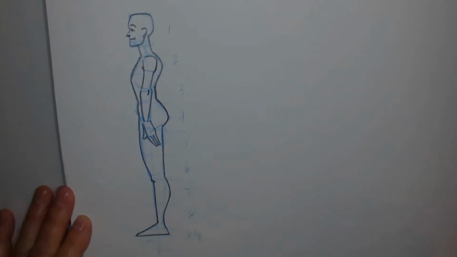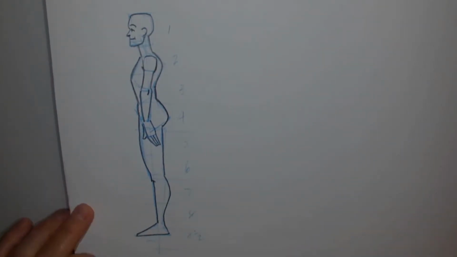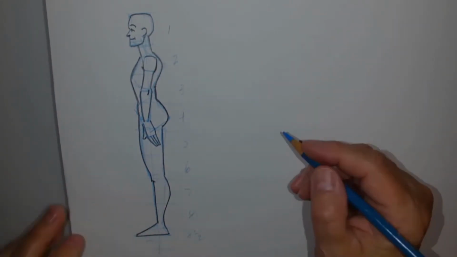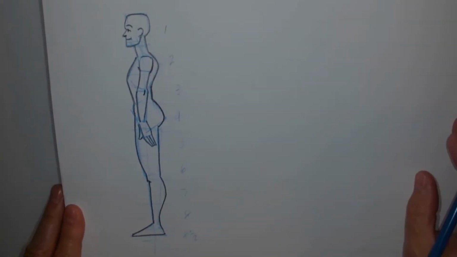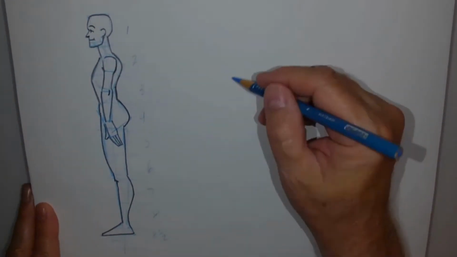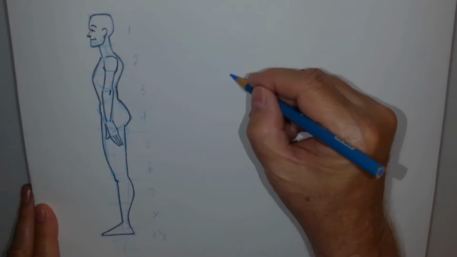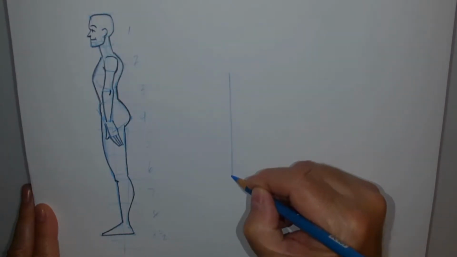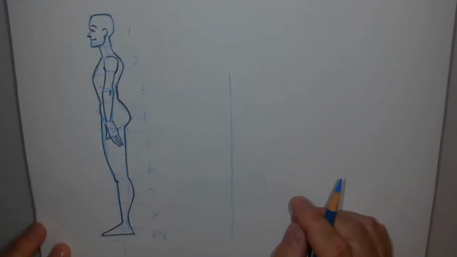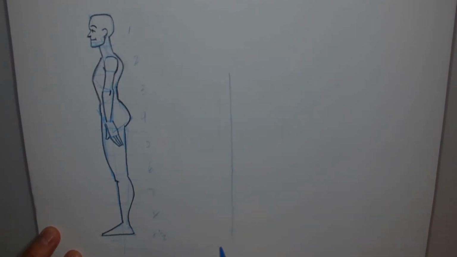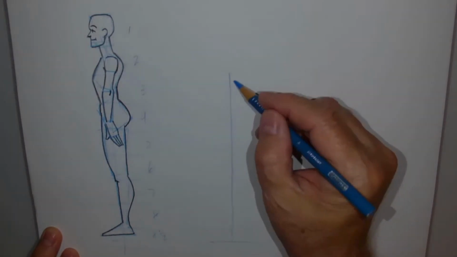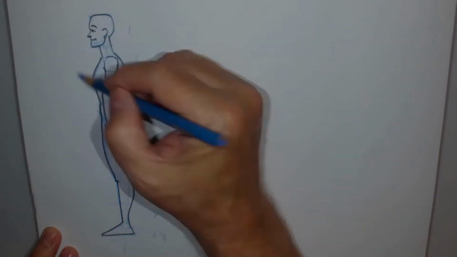Okay, so those are ideal proportions. So we can have fun with that by playing with those proportions, and that's what I'm going to do in the next one here. I'm going to do another straight line, best we can. Use a ruler if you like. And this one, again, I'm going to play with it as we go, but I'm going to make a larger head. And again, I kind of started with a square here.